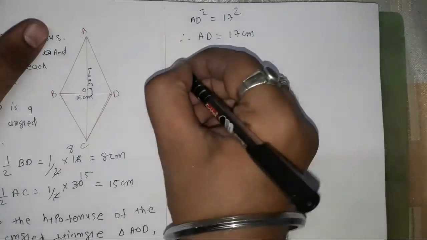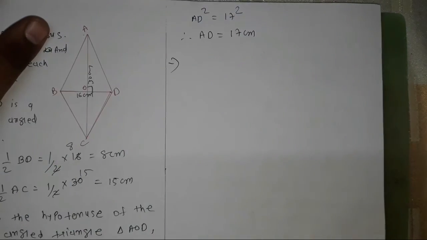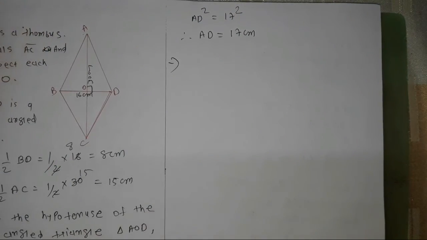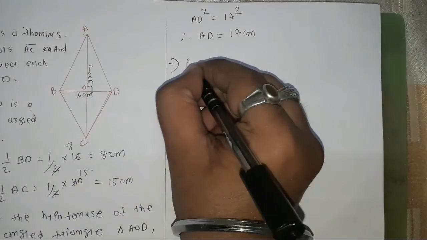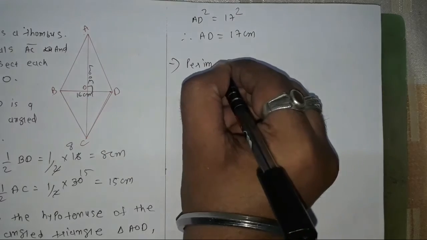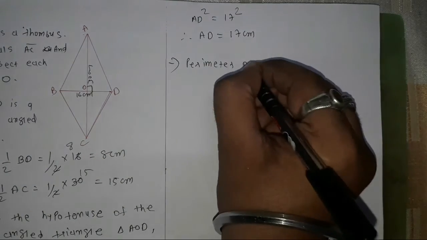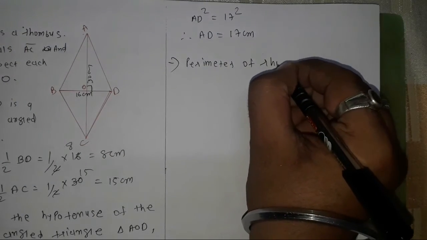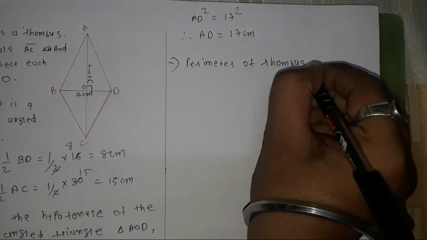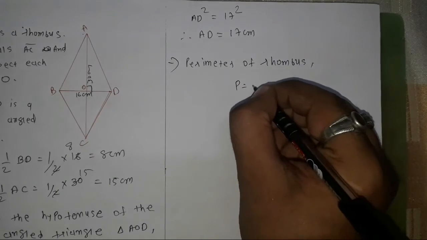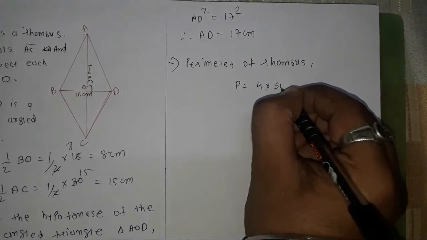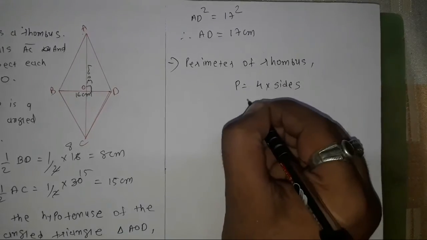Now the question is not over yet. Here we have to find the perimeter of the rhombus. So we will write perimeter of rhombus. The perimeter of a rhombus is equal to 4 into side, because all 4 sides are equal in a rhombus.